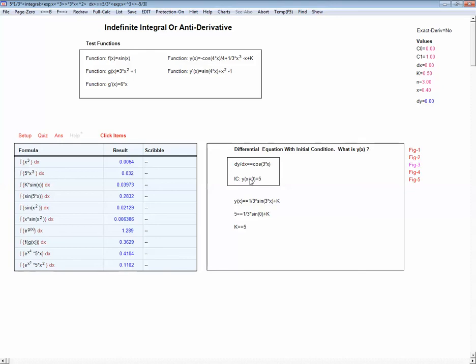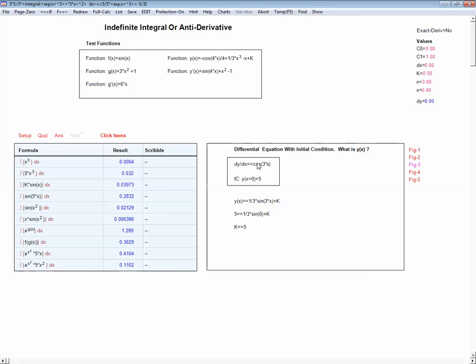And then we're given an initial condition. It's where this process that the differential equation is describing starts. So we say when x equals 0, y equals 5. So how do we solve that? What is the y that satisfies both the differential equation and the initial condition?